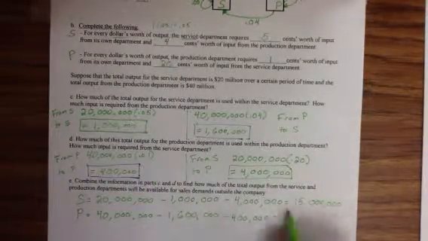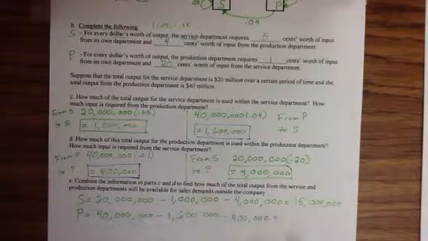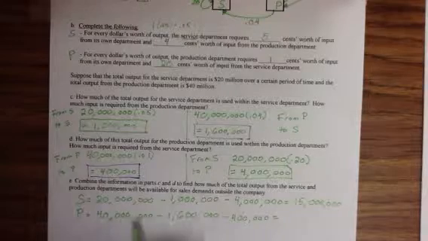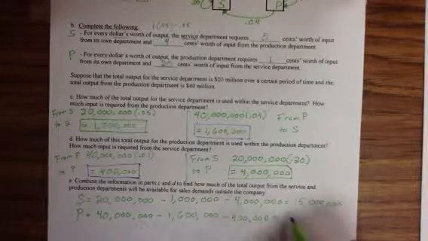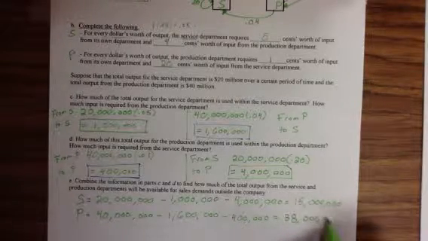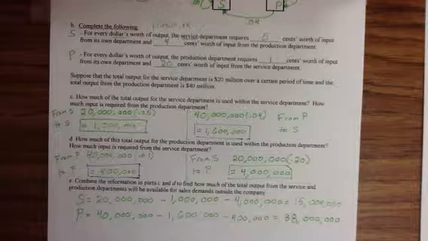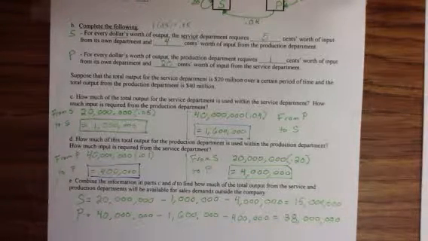And that's going to tell me how much product is left to actually satisfy demands outside the company. So 40 million minus 2 million here leaves me with $38 million from the production company that can be used to satisfy demands outside the company.